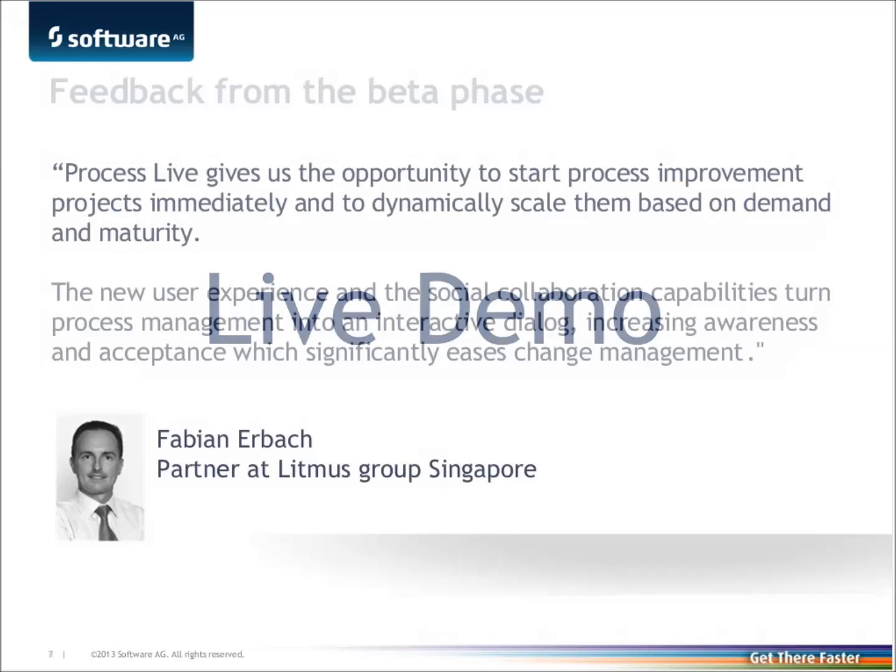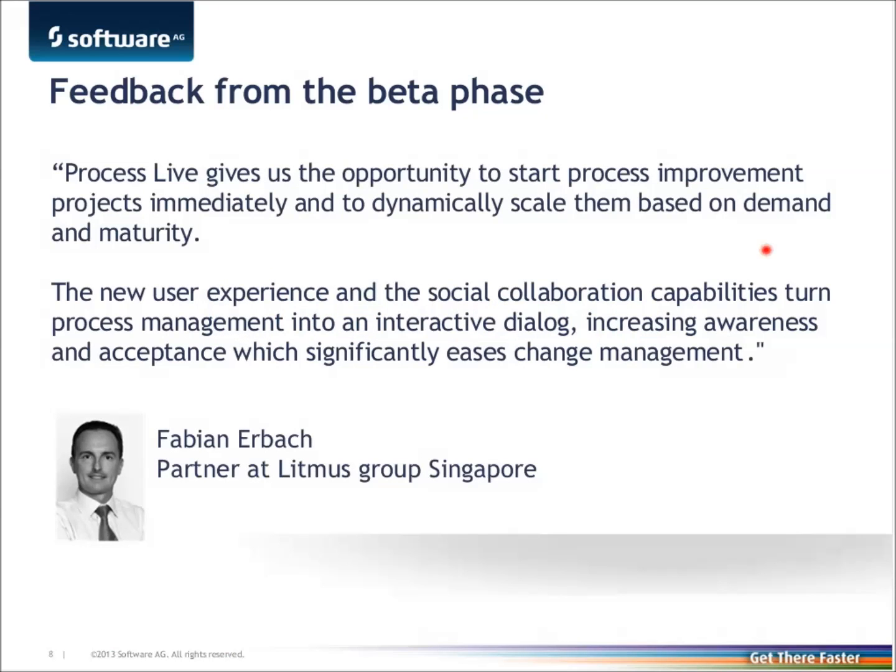As I said, we launched that product in October in San Francisco. We had a pilot customer, a former beta customer, at that event, Fabian Erbach from Litmus Consulting Group in Singapore. He's one out of 50 beta testers we had. And they are doing pretty interesting things with Process Live.